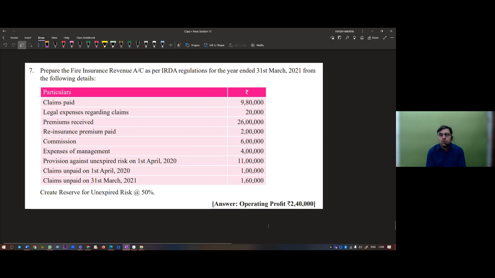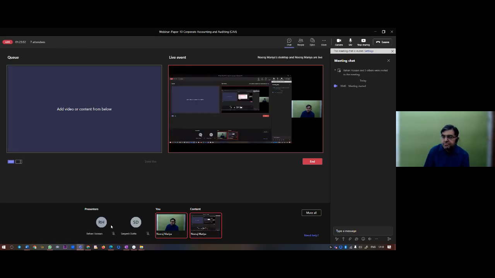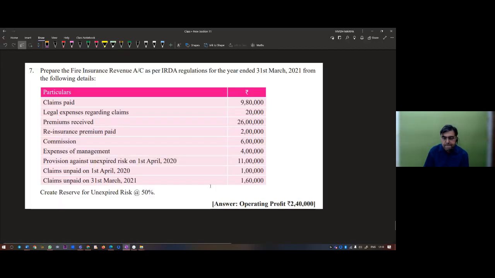Guys, solve this question yourself. We have done each and every question of insurance company from your book. Solve this question fast.